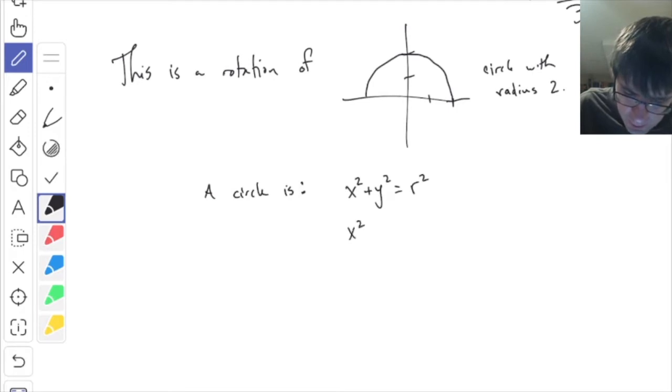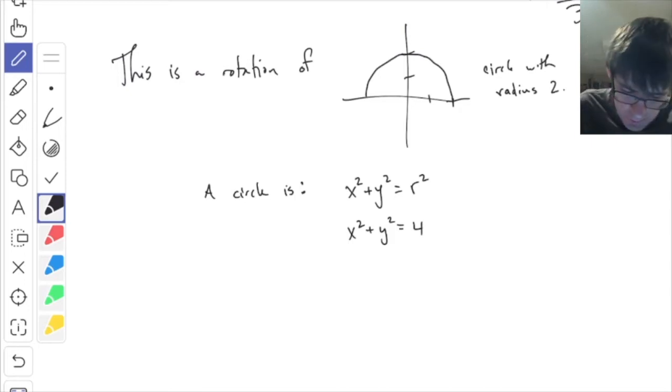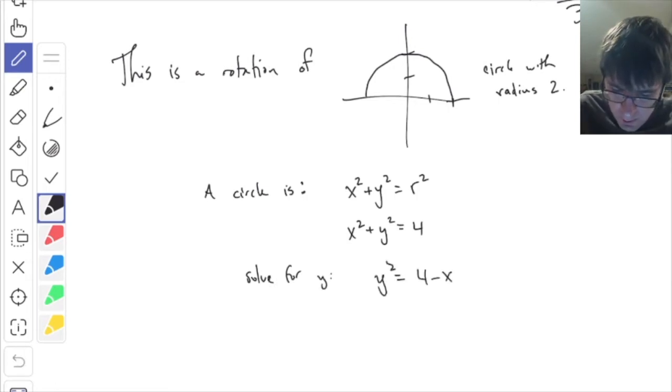In our case, of course, I want the radius to be 2, so 2 squared will be 4 in our example. And we need to write this as a function. That is, we need to solve it for y. Solve for y. That would be y squared equals 4 minus x squared. Take the square root.